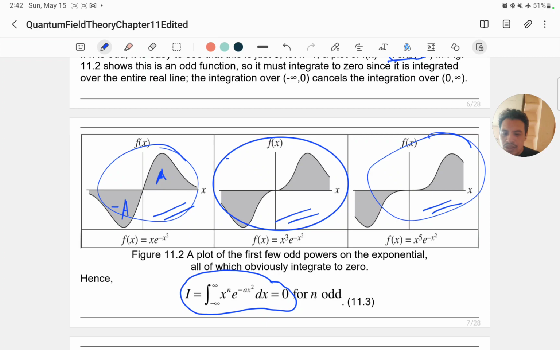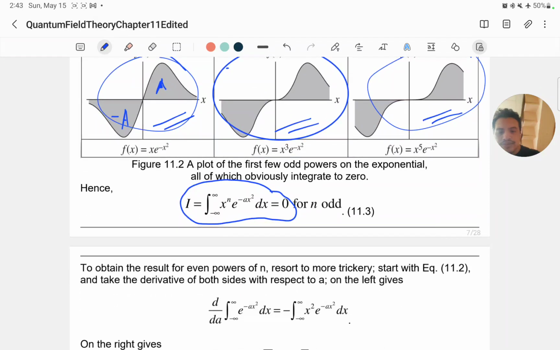But of course, it's not 0 when it has limits. I mean, especially when the lower limit is not the same value as the upper limit, it would not be 0. But in this case, for negative infinity to positive infinity, it's 0.